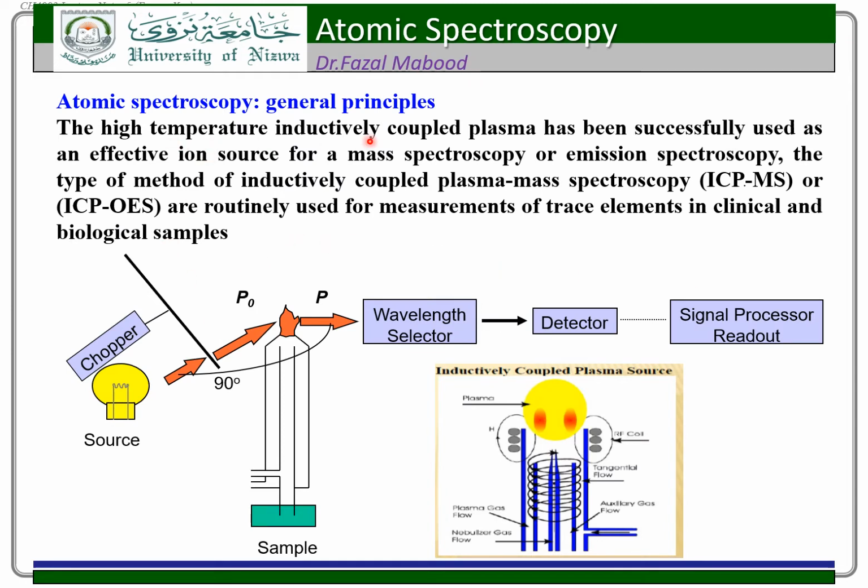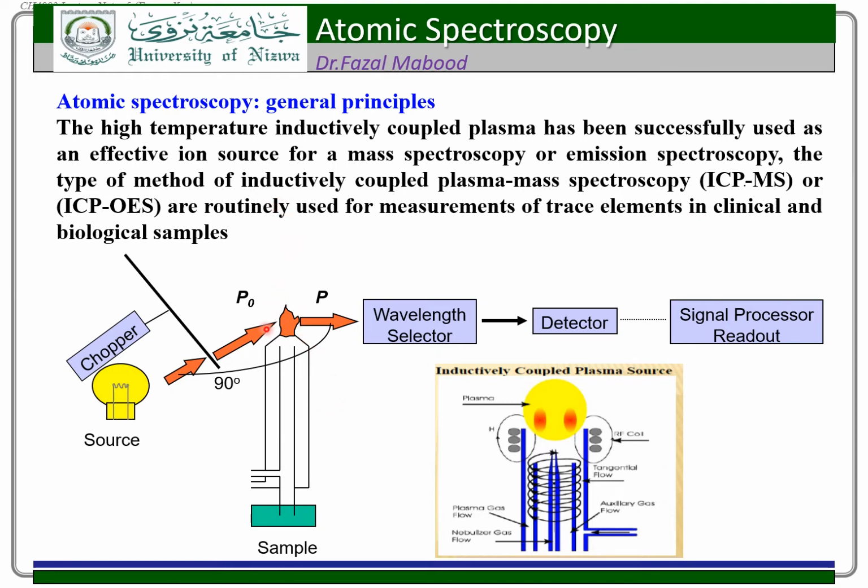The high temperature inductively coupled plasma has been successfully used as an effective ion source for mass spectroscopy or emission spectroscopy. The methods of inductively coupled plasma mass spectroscopy, ICP-MS, or ICP-OES, are routinely used for measurement of trace elements in clinical and biological samples.